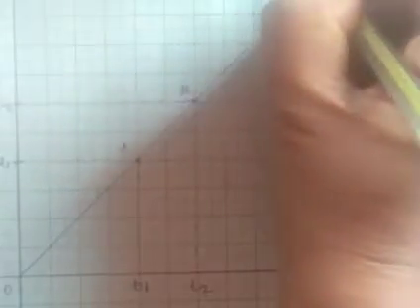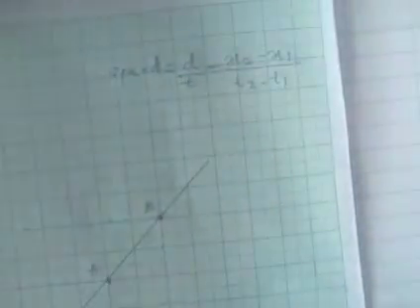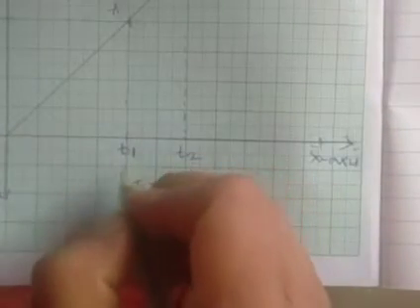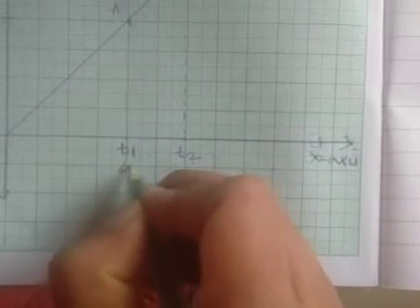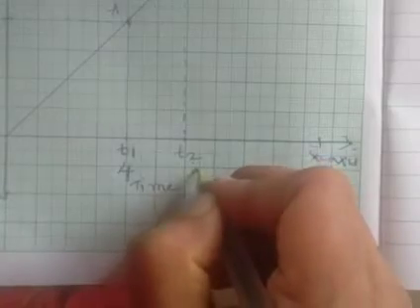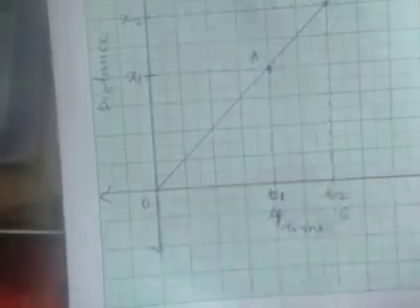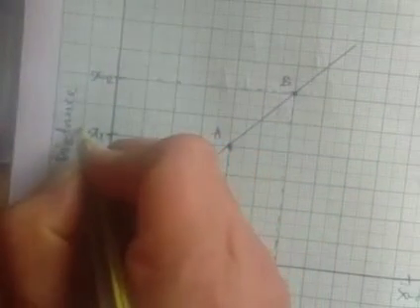Now let's suppose the time is around 4 seconds and let this be 6 seconds, so 4 and 6 seconds from here to here, and the distances are 5 meters and 6 meters, let's suppose.